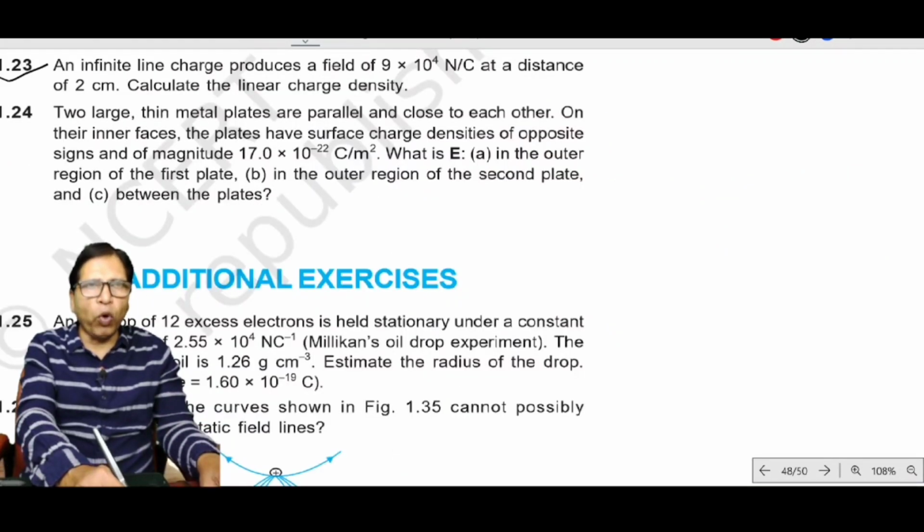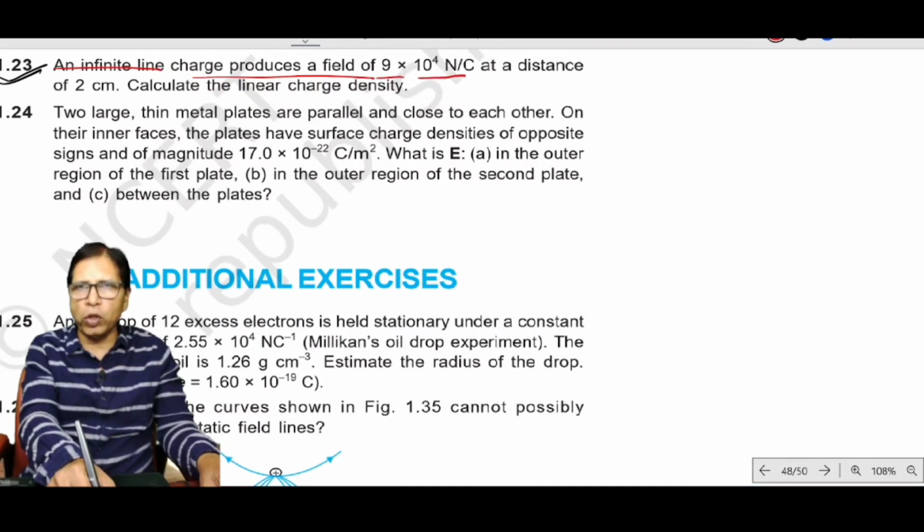Numerical 1.23. An infinite line charge produces a field of 9 into 10 to the power 4 Newton per Coulomb at a distance of 2 centimeter. Calculate the linear density of charge.